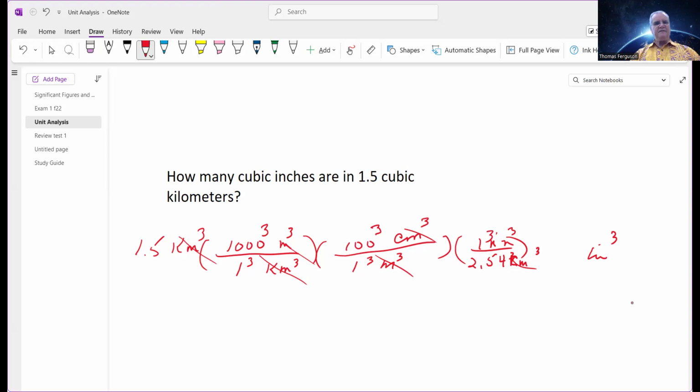Looking at how many sig figs for our answer? 2.